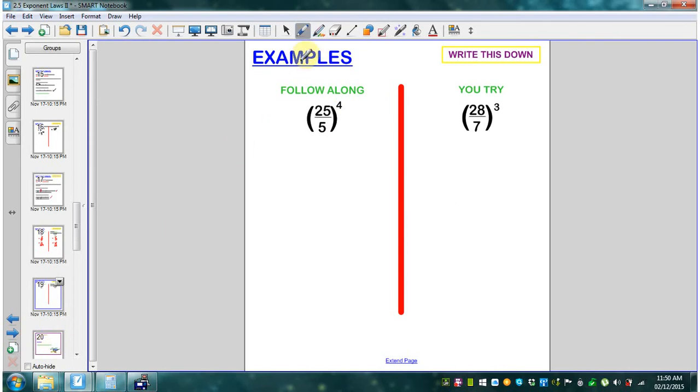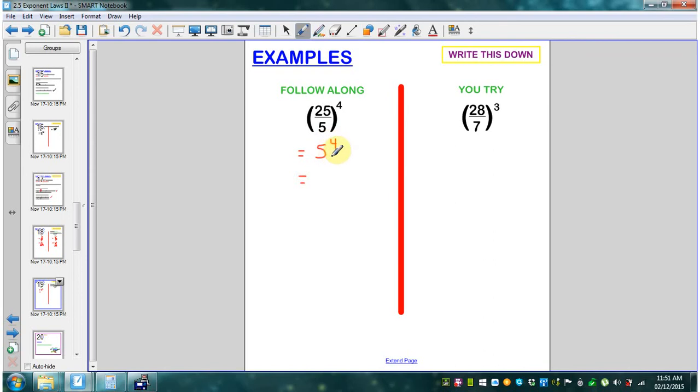We're going to try these now, and these are the last examples for today before I give you your practice work. So again, follow along with me for the first one, then pause the video and attempt the second one. So the first one, 25 over 5 to the power of 4. I can actually use the order of operations here, and that's what I'm going to do to make my life easier. So 25 divided by 5 is 5, and we bring down our exponent, 5 to the power of 4.